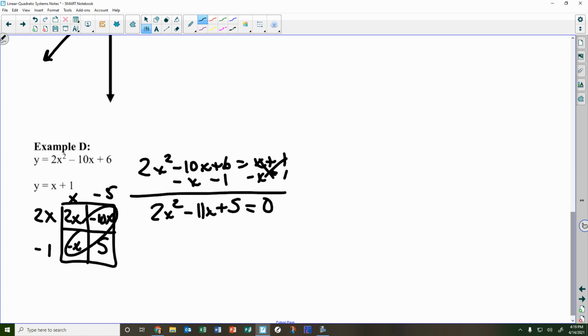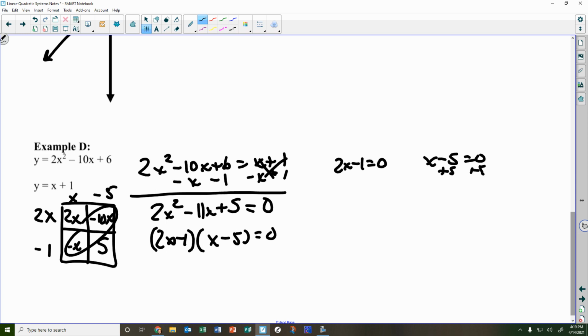Yep. So it FOILs into 2x minus 1 and x minus 5. So again, set those guys equal to 0. Add 5 to both sides. X equals 5. Add the 1 to both sides. Divide by 2. X equals a half.